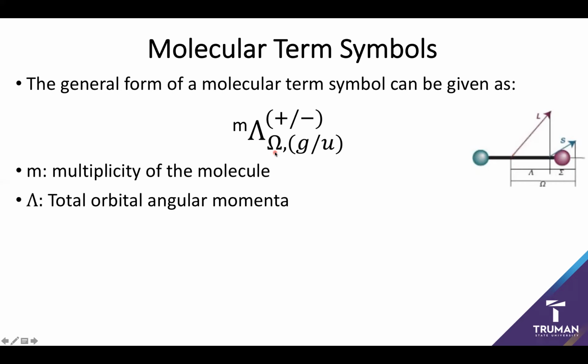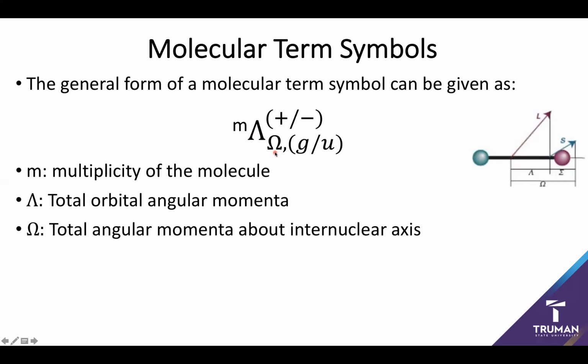Now, our omega here is going to be our total angular momenta, again, about this internuclear axis or about the bond. So whereas this is essentially our L, this is our new J. So these are the three terms that we're used to from our atomic term symbol. And every molecule will have at least these three terms, even though we don't always show the omega term.